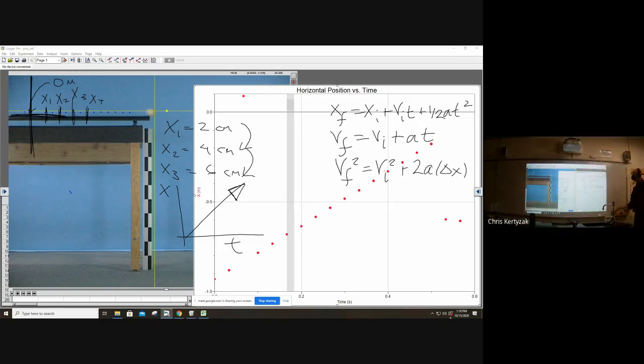Which one has position in it and time in it? Because our graph is position versus time. Not this one, because there's no distance in this one. Not this one, there's no distance in this one. These are distances. Position is a distance measured back to some starting point. This one. All right, what would we take the initial position as?